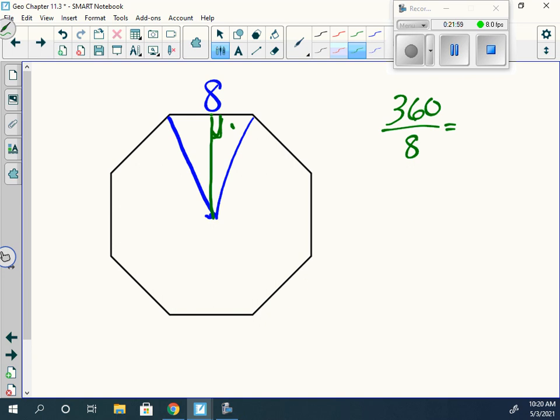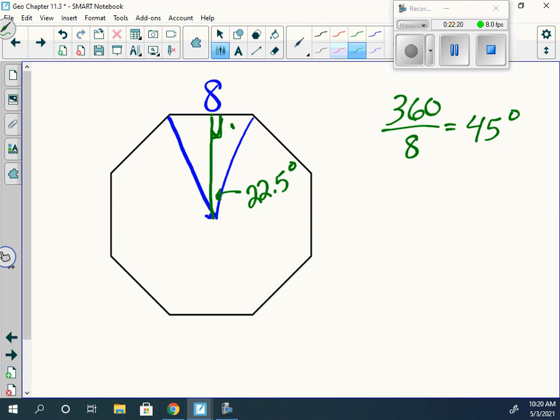And 360 divided by 8 would be 45 degrees. So the whole angle would be 45, and the smaller angle would be 22.5 degrees. So are we okay with this so far?